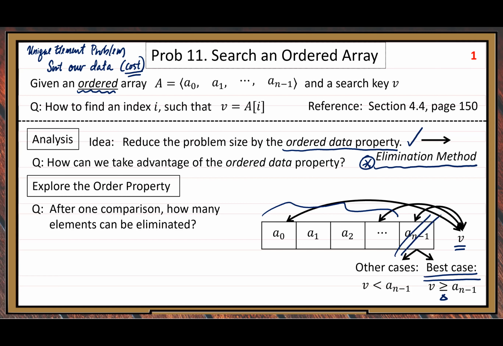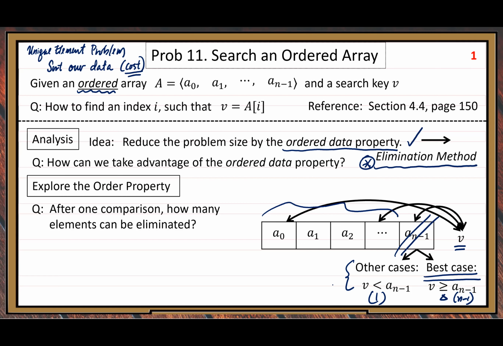In this case, you can only eliminate the last element, and the remaining n-1 elements cannot be eliminated, and you need to consider them. So in this case, only one element is eliminated. In the best case, n-1 elements are eliminated. Huge difference.